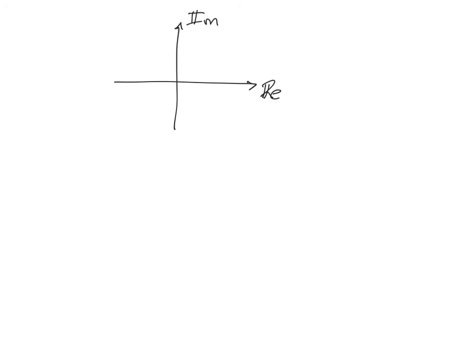We can denote these quadrants as quadrant 1, 2, 3, and 4 going around counterclockwise, starting in the upper right. So you can see that we can describe a complex number in any of these. We'll call that Z1, Z2, Z3, and so forth.